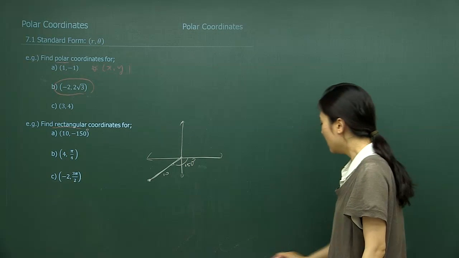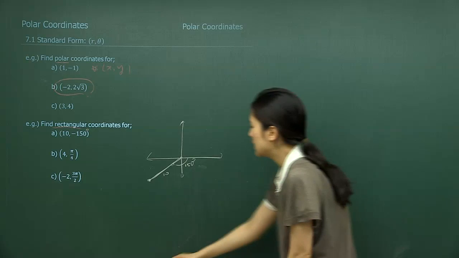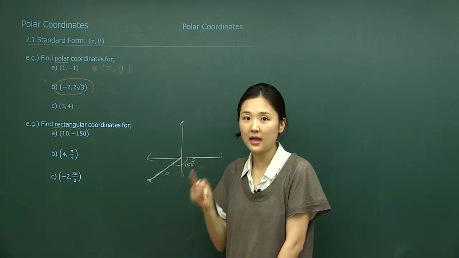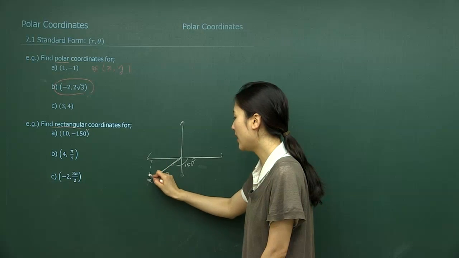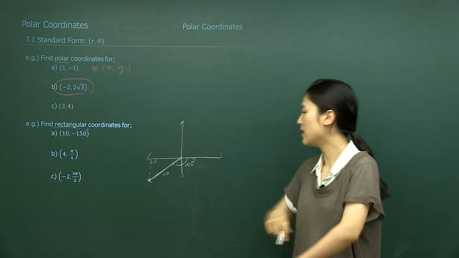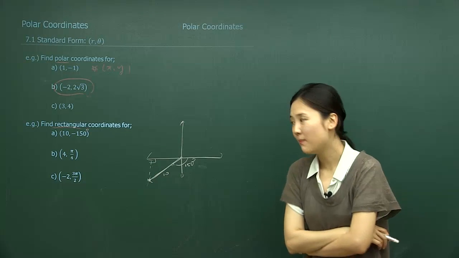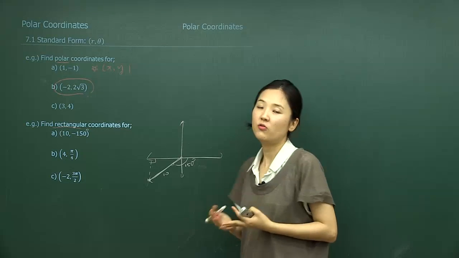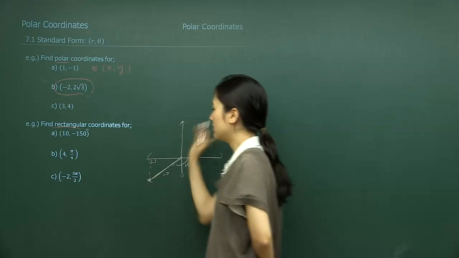All right, now if that is your position for the point, what can we do to get the x and the y? Well, the x and the y, again, are given by the right angle triangle. But for this one, you may just use the formula. You may just go without doing all this.